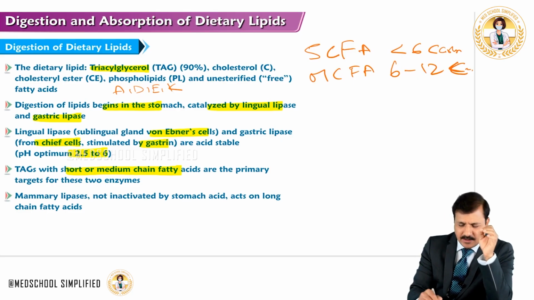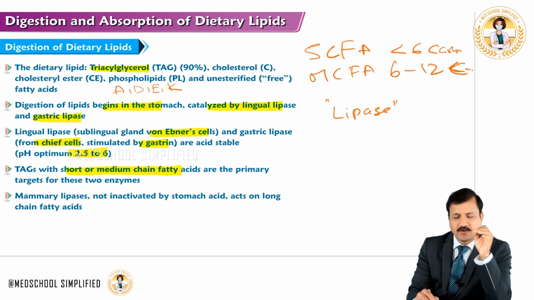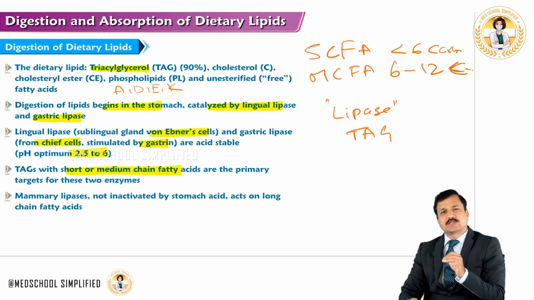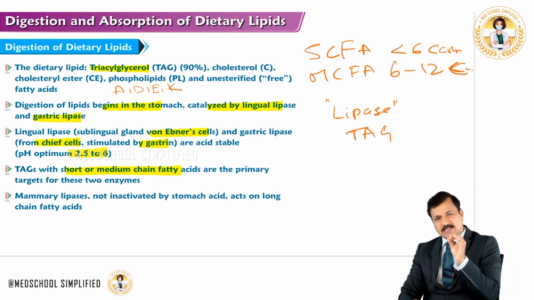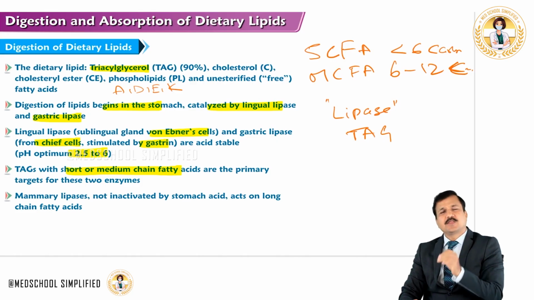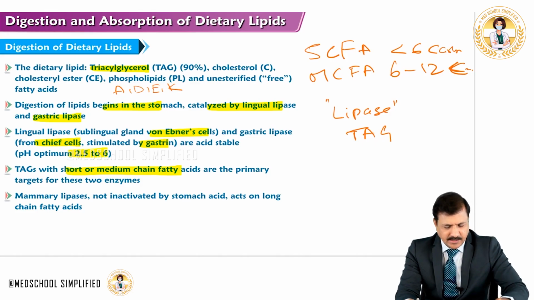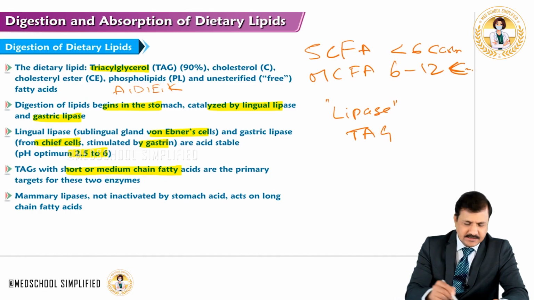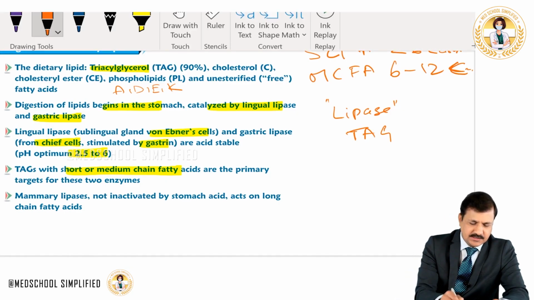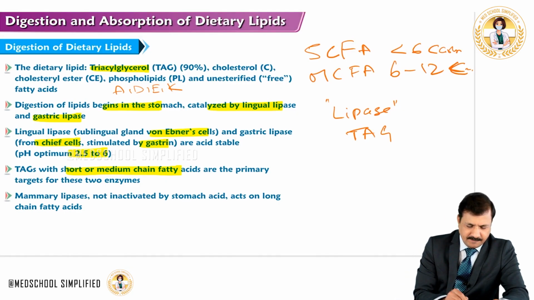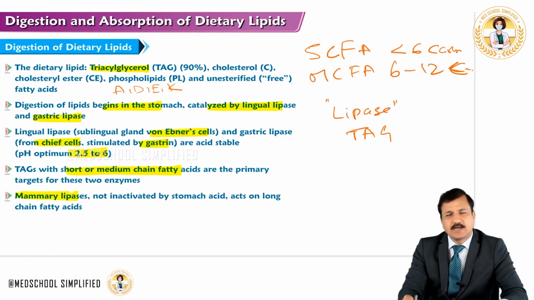For that matter, remember, any enzyme that ends as lipase, the substrate for that lipase is triacylglycerol. Remember that. Anyway, now other than lingual and gastric lipases, there is a mammary lipase which is synthesized and secreted by lactating mammary glands.